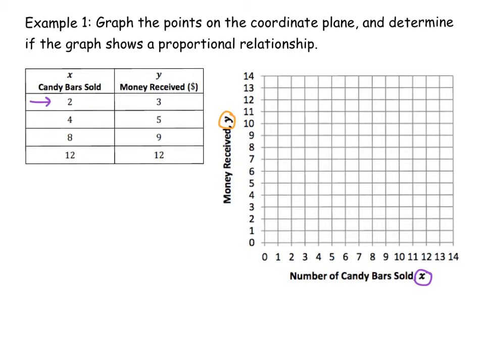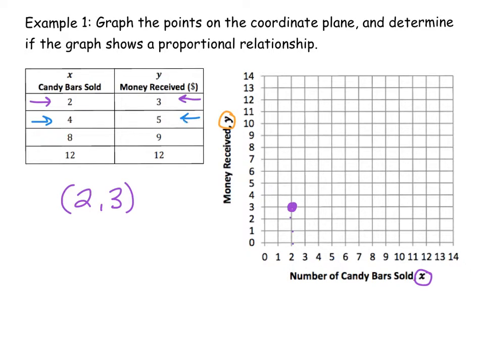You sell 2 candy bars and you make $3. We can think of that as an ordered pair, 2, 3. I can then put that point on my graph. I go over 2 and up 3 for my first point.